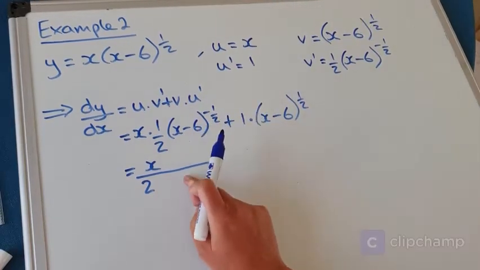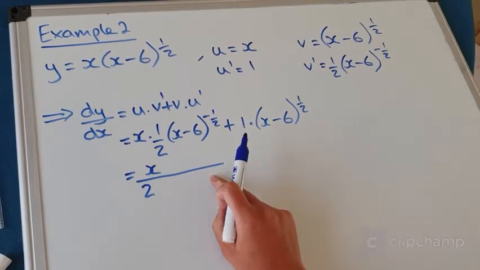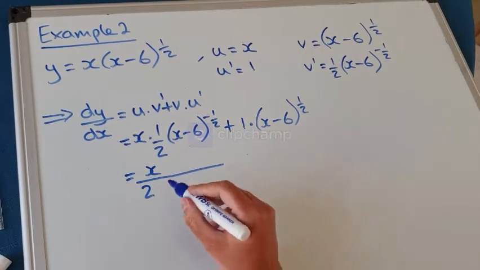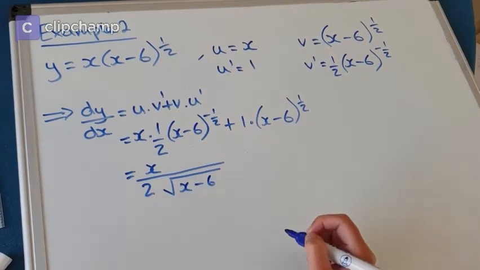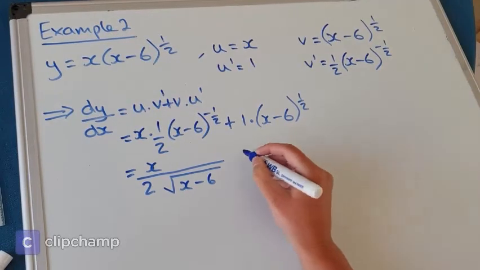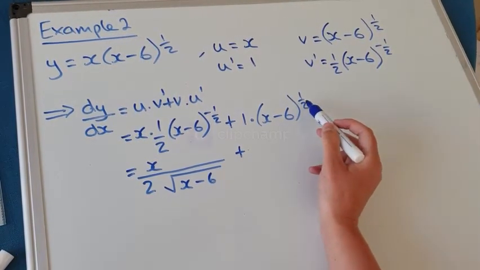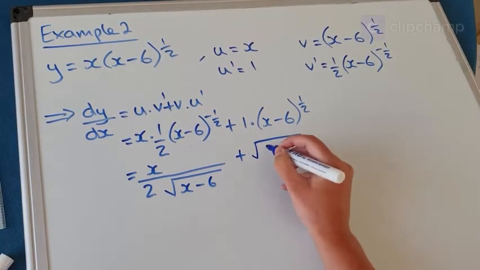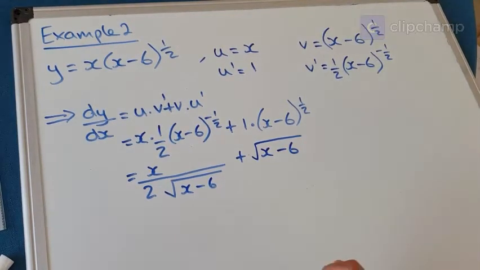If I bring that down, it gives me (x minus 6) to the positive a half, and anything to the power of a half is actually a square root. So I could write that as root x minus 6. Plus, and again, this just becomes (x minus 6) to the half, which we could write in root form as root x minus 6.